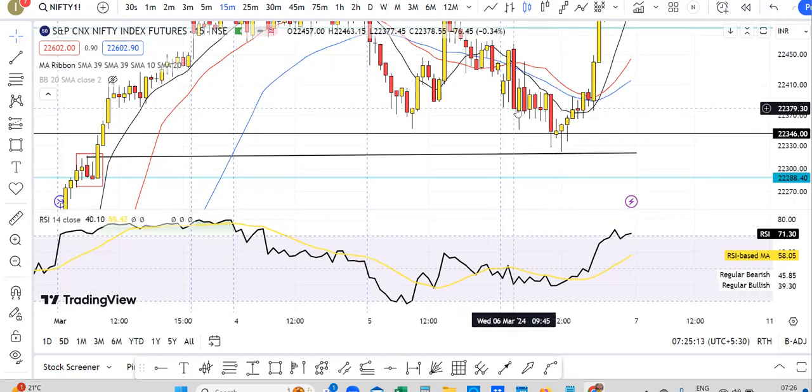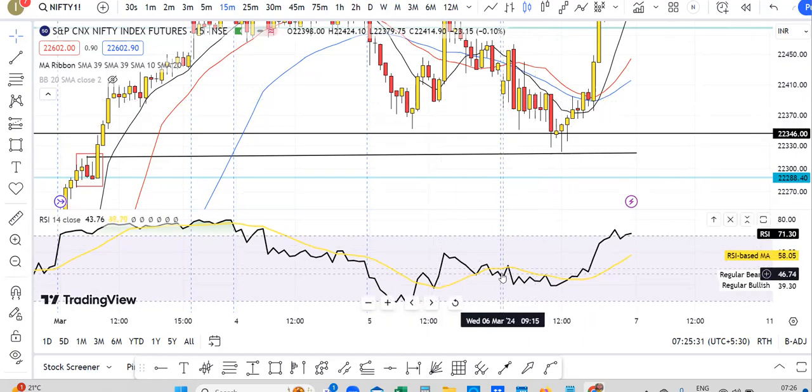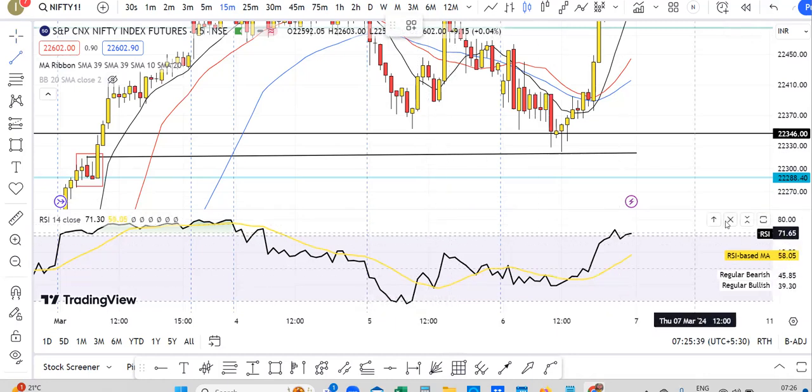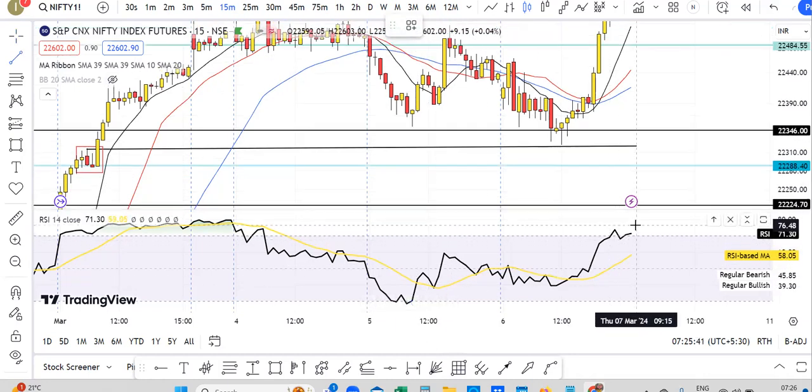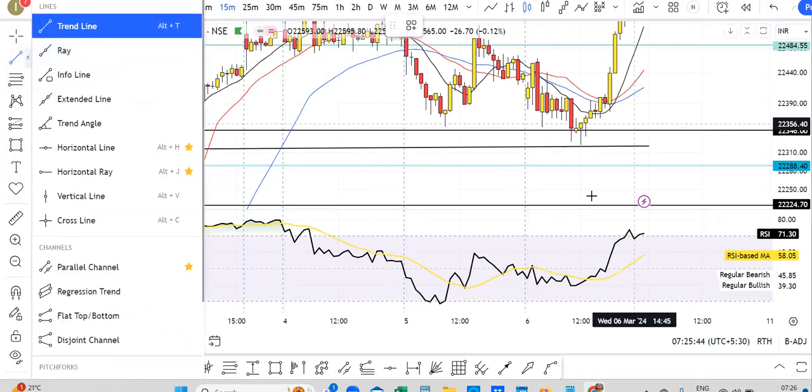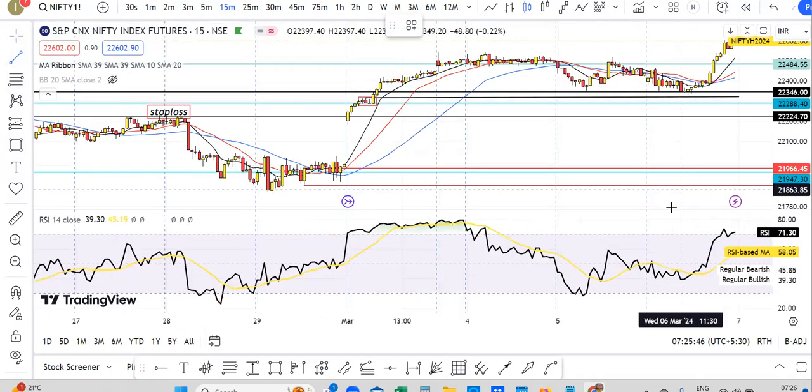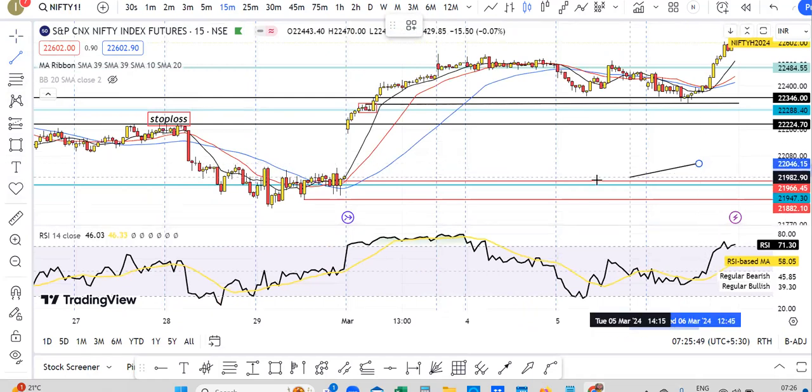Why it becomes a leading indicator is when the price is alternating between green and red, positive and negative price action, you will not be able to gather very good internal information. This RSI will give you the internal strength of the price action by showing divergence. You can see the divergence. I was able to see the divergence in the RSI. RSI acts as a leading indicator when there is this type of price action.